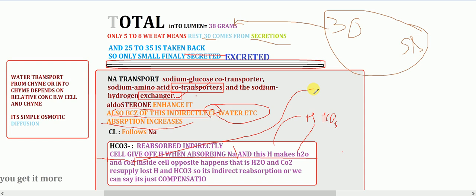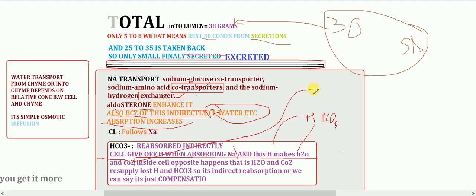Correction. When I was reading this, I was like, what kind of reabsorption is this? It doesn't make sense to me. Hydrogen gets out of the cell, then it attaches itself to the bicarbonate ion, and then it splits into water and carbon dioxide, and then carbon dioxide is expired, and the story ends. What kind of reabsorption is this?